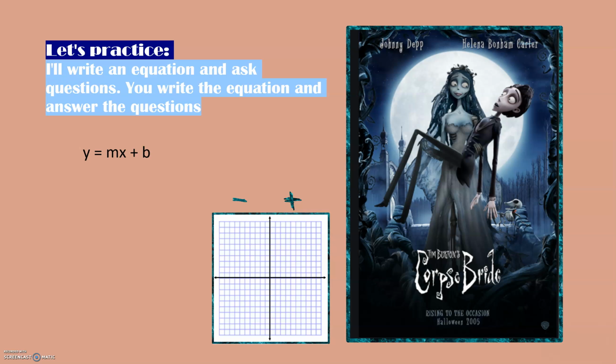What does the x mean? What does the y do? Is the y independent or dependent? How do you know? What does the b mean?